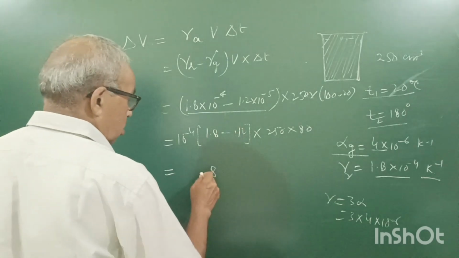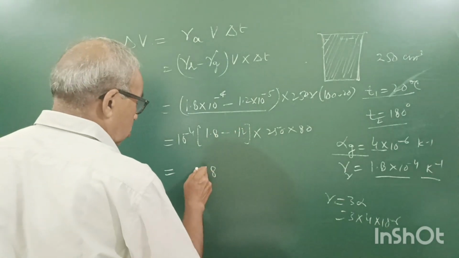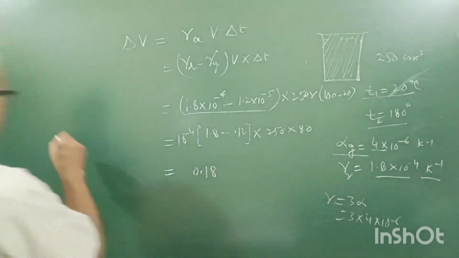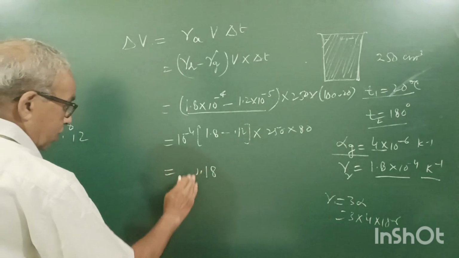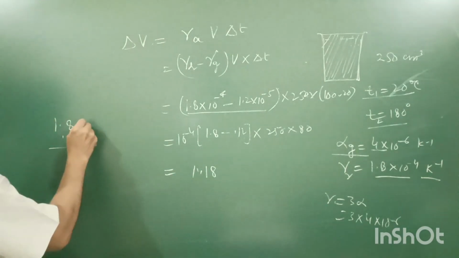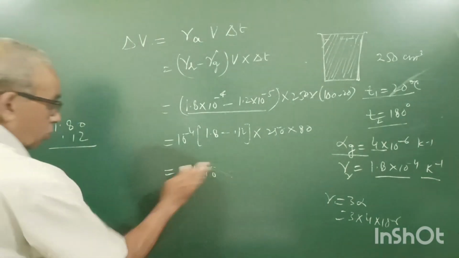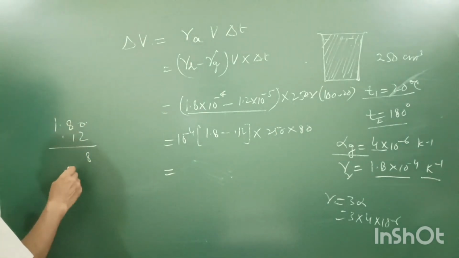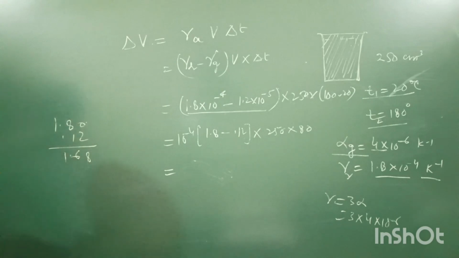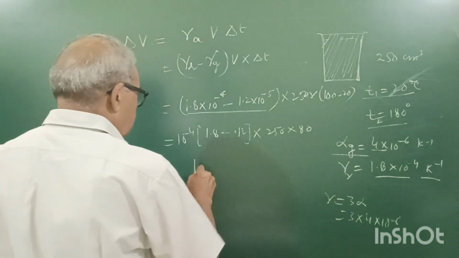1.8 minus 0.12, that leaves 1.68. Subtract like this.